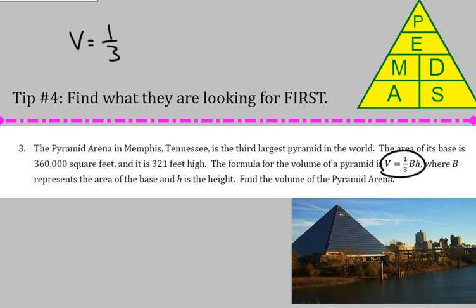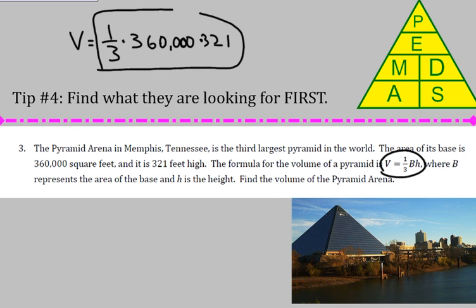That's going to be equal to 1/3 times 360,000 times 321, sorry. So really that's an expression because you're not solving for anything. Everything you want to do is on one side of the equation. So it's really just more of an expression than anything.